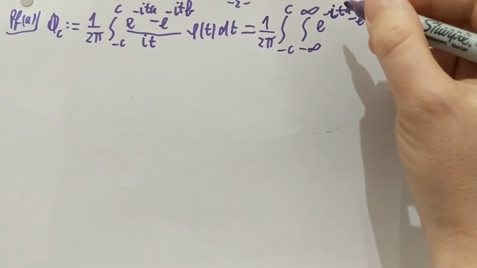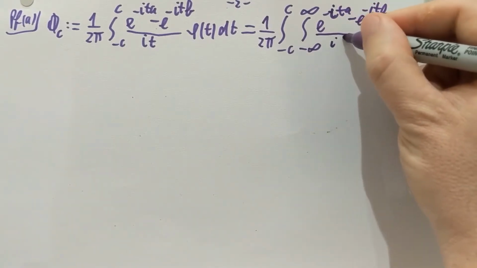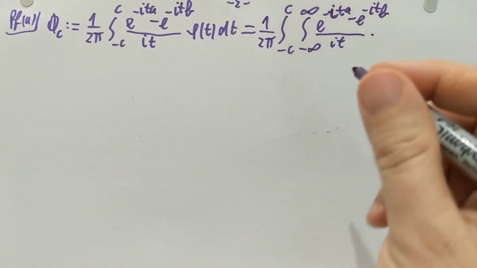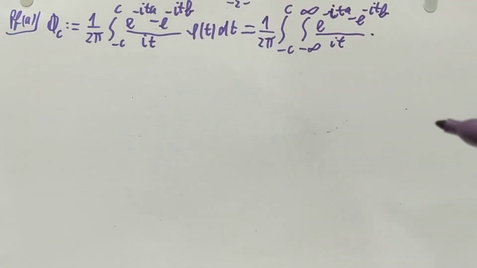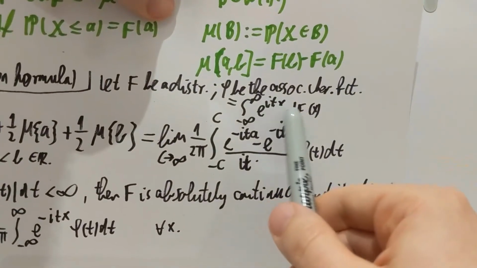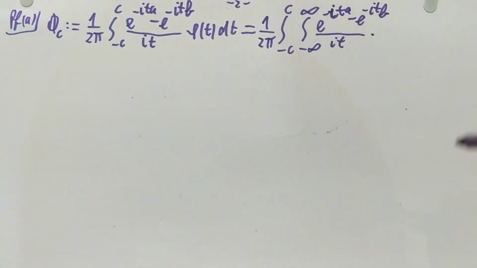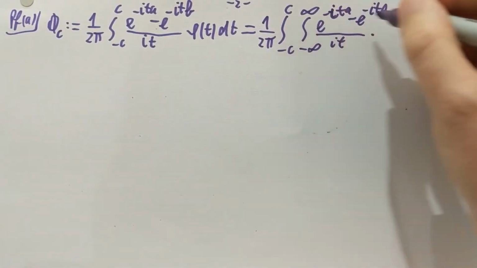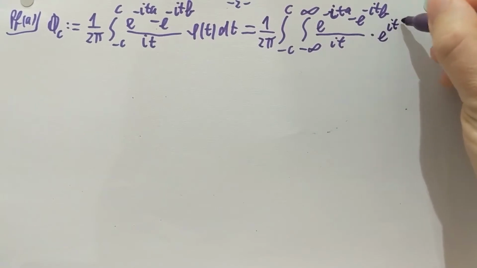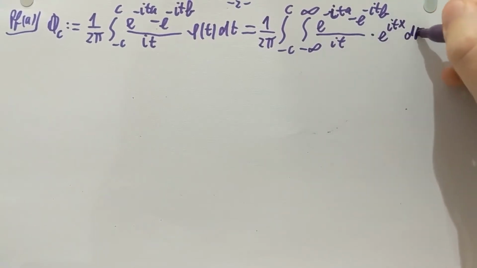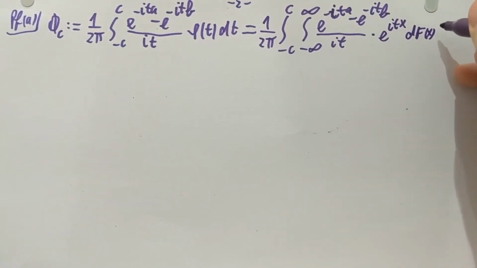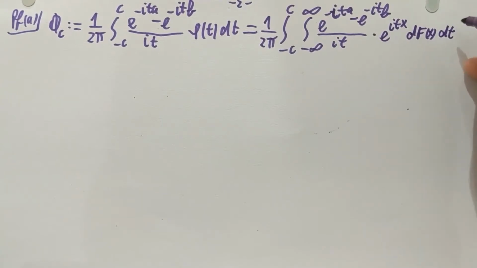So far it's just copying the first bit. And then phi itself was the integral of exponential itx dF. So I have the integral of exponential itx dF inside, and then dt outside. That's what I get when I plug in the characteristic function.